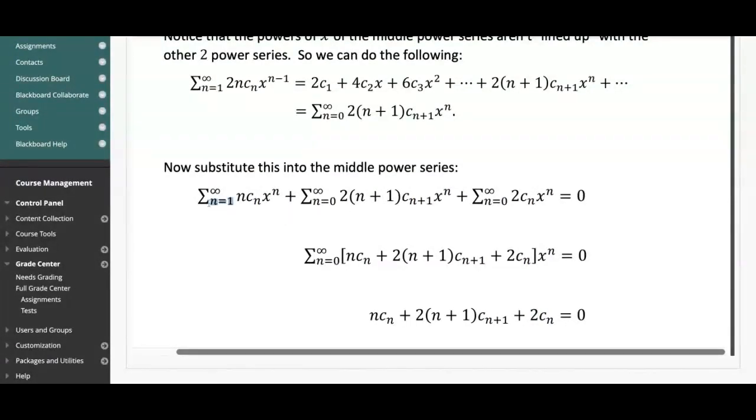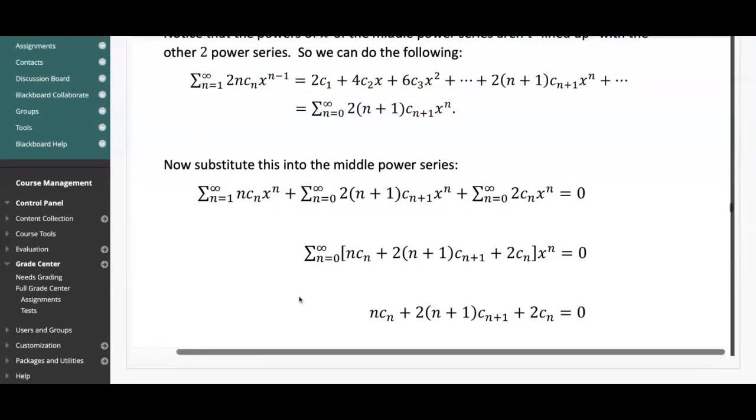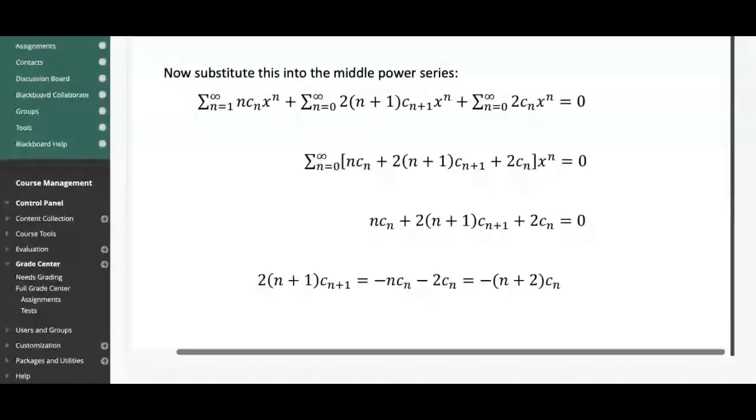Okay, sorry guys, that's a mistake here. This one needs to be reindexed, and this one has an x term in it. And the answer should be just cut from this. How do I fix this?